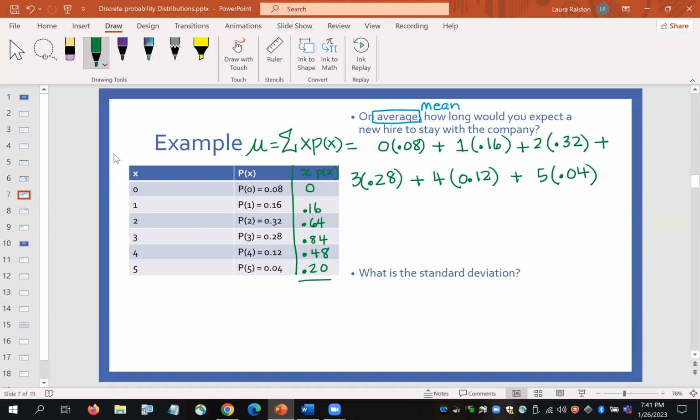And then I'm going to add those answers together. So I have 0 plus 0.16 plus 0.64 plus 0.84 plus 0.48 plus 0.2, which gives me 2.32. So the mean of my data set is 2.32.